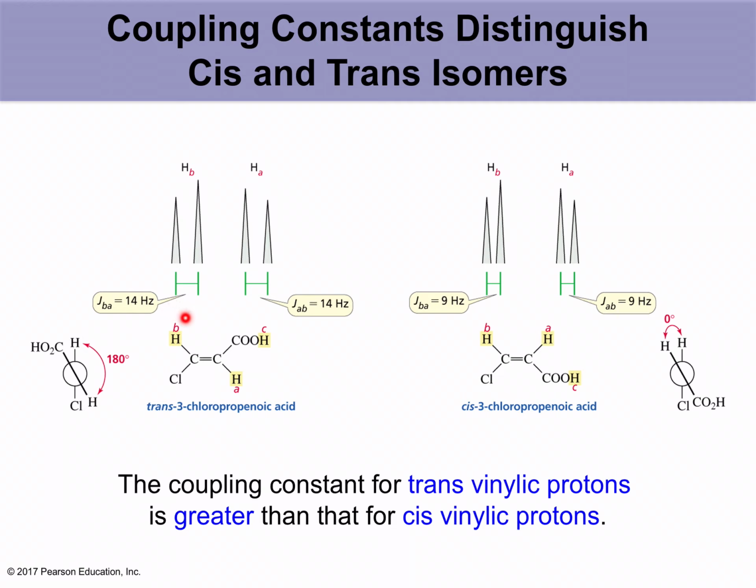But this is a cis 3-chloroacrylic acid. In a cis compound, the dihedral angle is 0, so their coupling constant is about 9. The coupling constant for trans vinylic protons is greater than that for cis vinylic protons, and that is due to this dihedral angle.